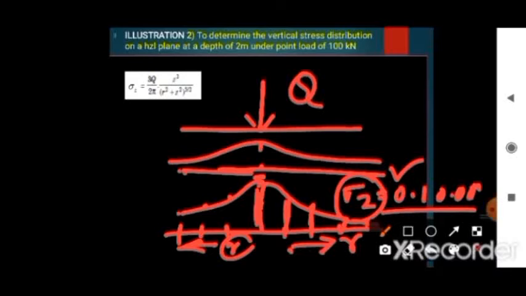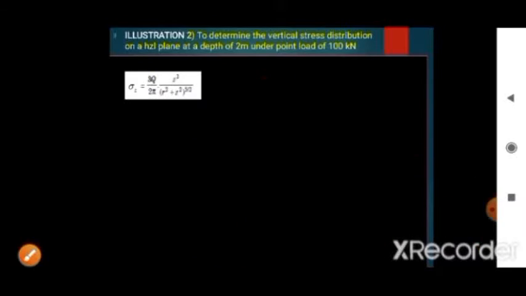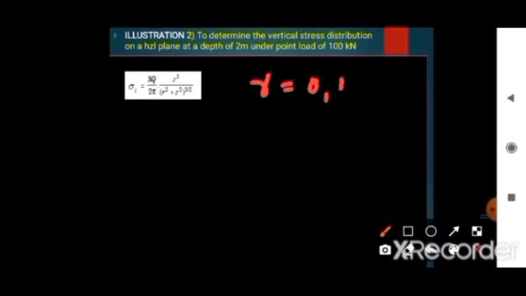So up to that particular point we have to calculate the value of sigma z. For this illustration, we substitute various values of r, from 0, 1 meter, 2 meter, 3 meter and up to 4 meter. Let us check the value of sigma z in kilonewton per meter square.